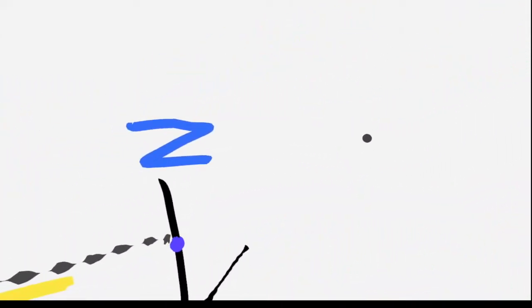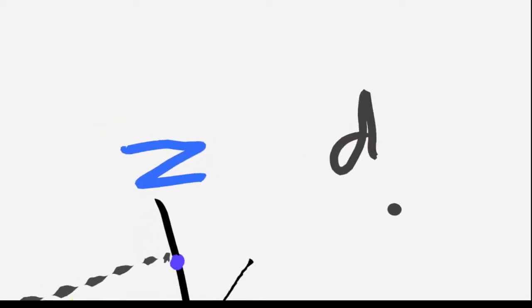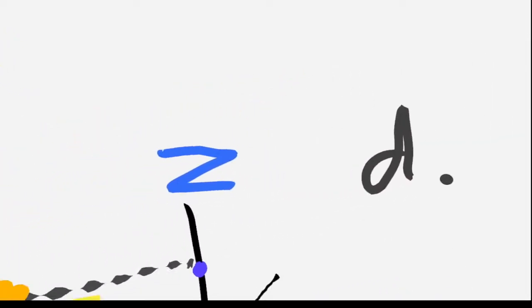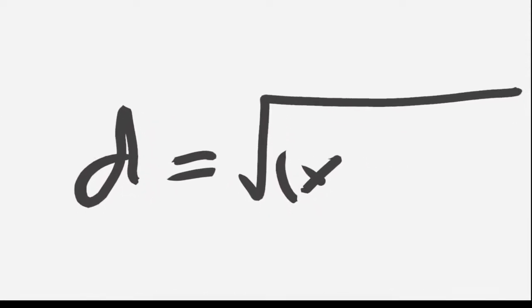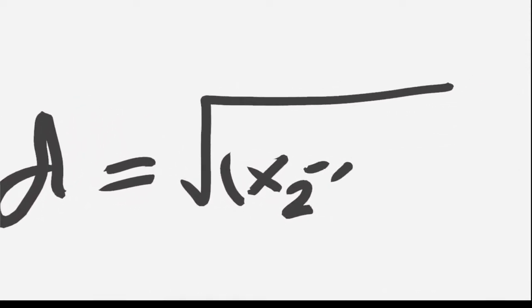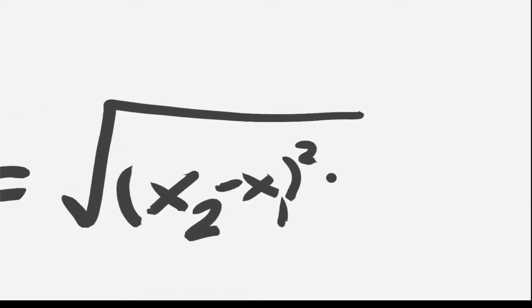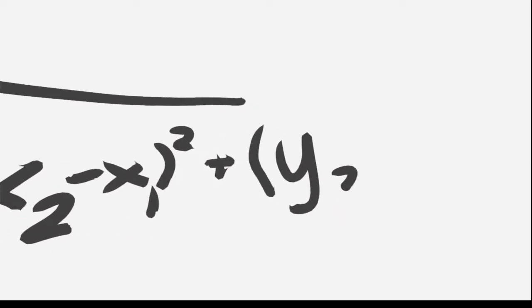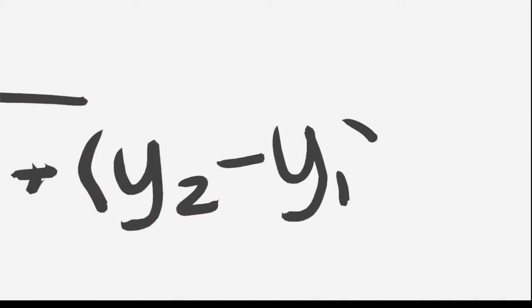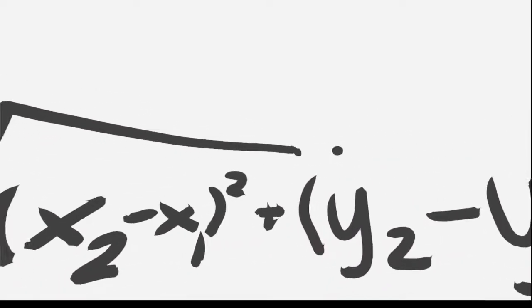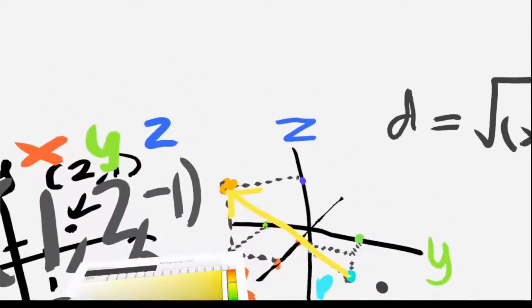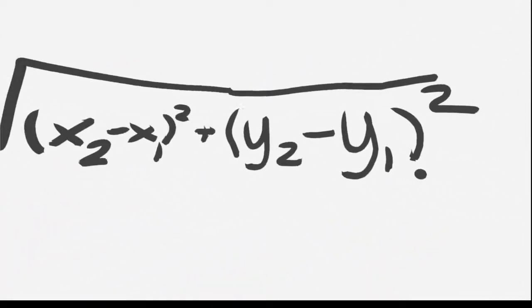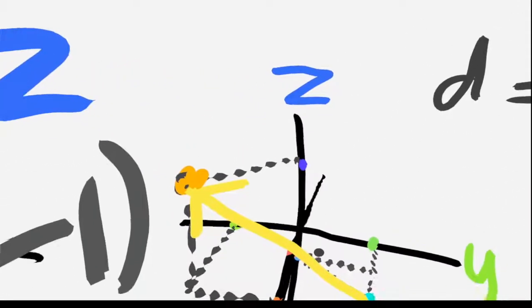So let me remind you of what the distance formula looks like in two-dimensional plane. It should be x2 minus x1 squared plus y2 minus y1 squared. In three-dimensional plane, it's going to be very similar to this equation, except we have a z.